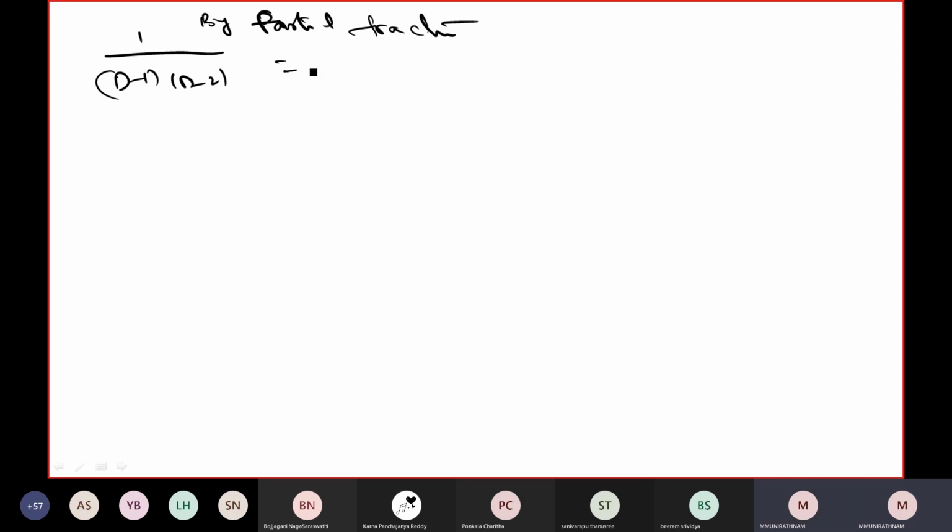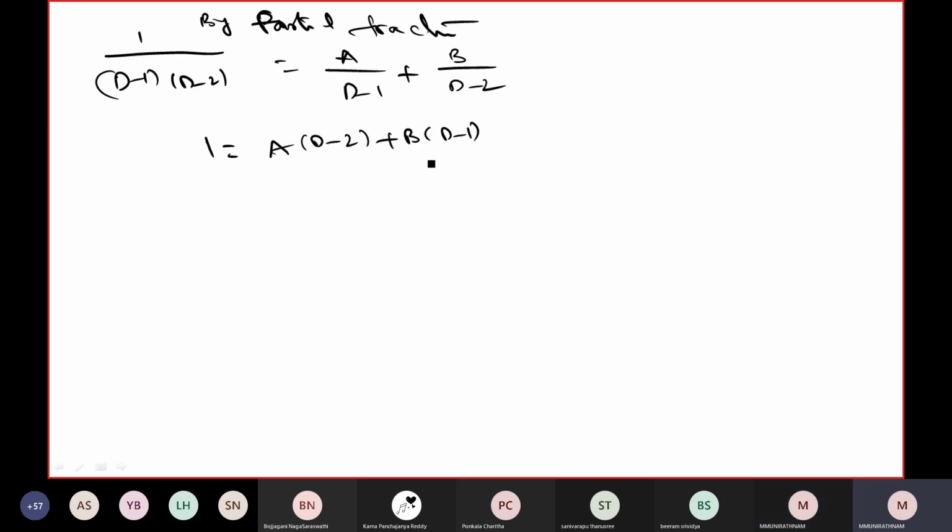How can we write this? You know partial fractions, right? So this will be A times (D − 2) plus B times (D − 1).